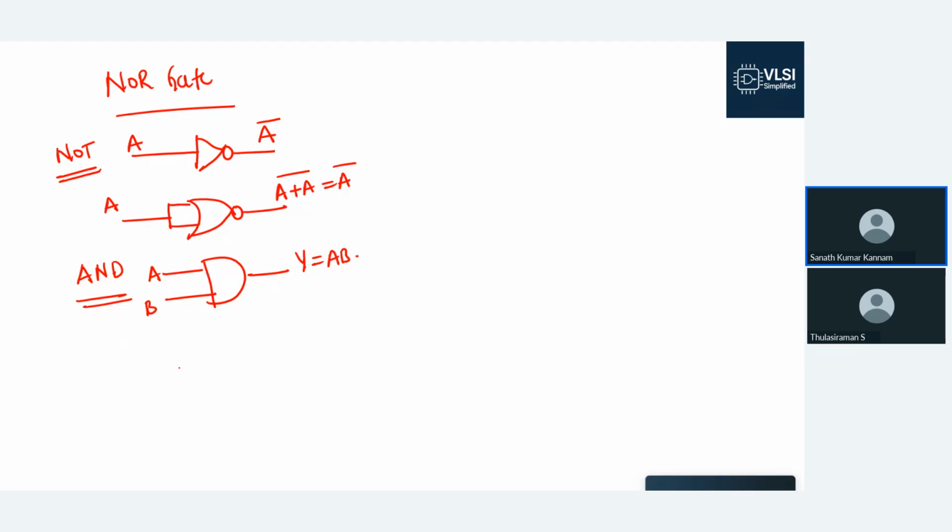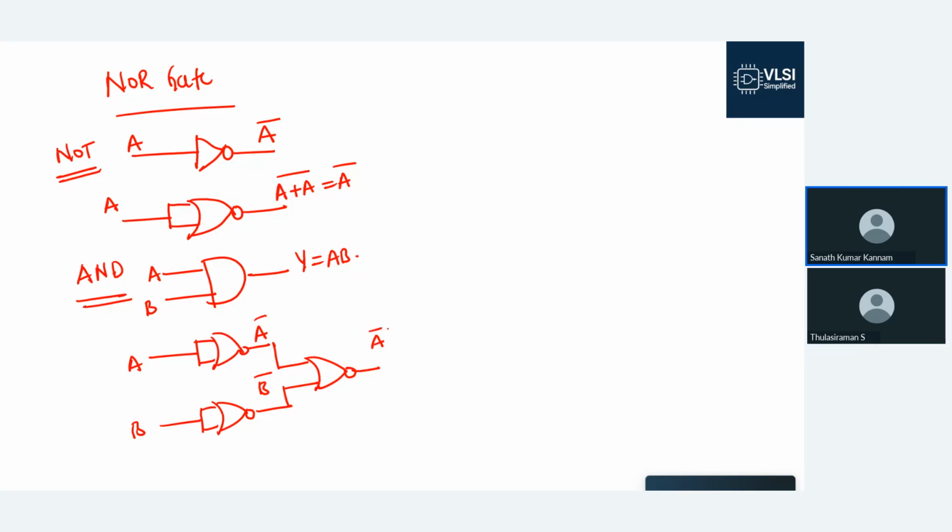Let us take one NOR gate, one more NOR gate, one more NOR gate, and here you take one more NOR. So this is A and this is B. This is A bar, B bar.